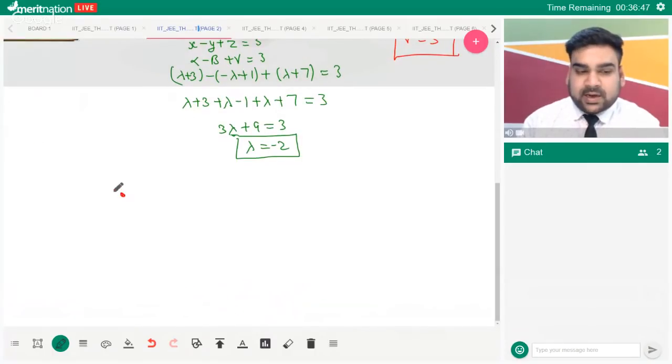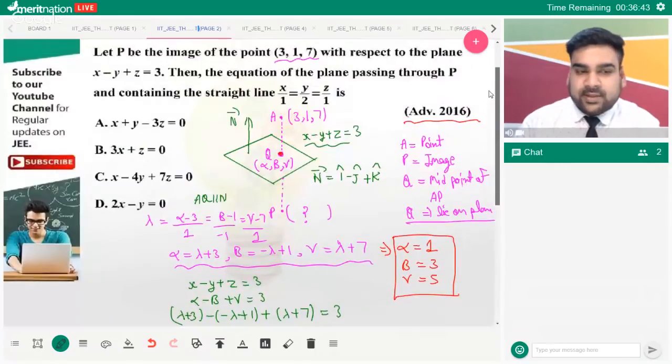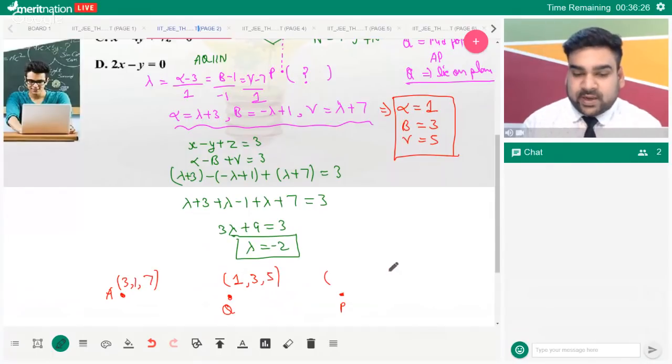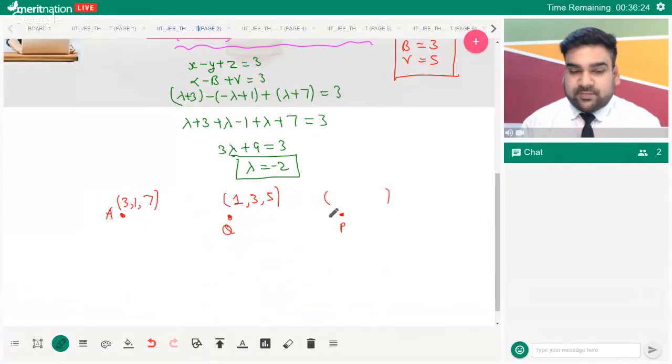And after getting alpha, beta, and gamma, now what do we have? We have our given point A, whose coordinates were 3, 1, 7. There is this point Q, whose coordinates we have just calculated, 1, 3, and 5. And there is the point P, which is the image, and we need to find the coordinates of the point P. Now we can easily use the midpoint formula over here.